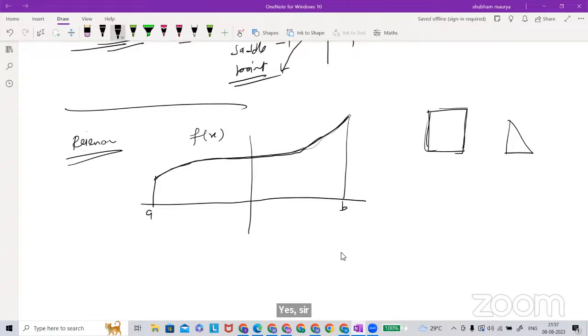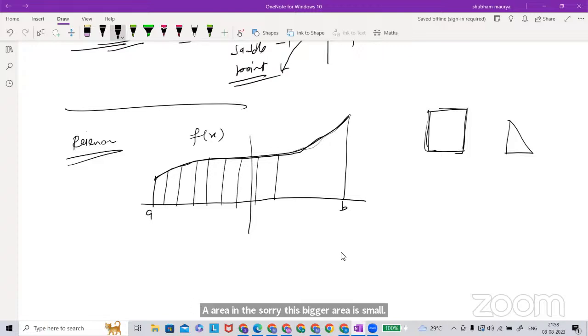So what can we do? What Riemann actually did was break this bigger area into small portions, in this way. There are many ways actually.